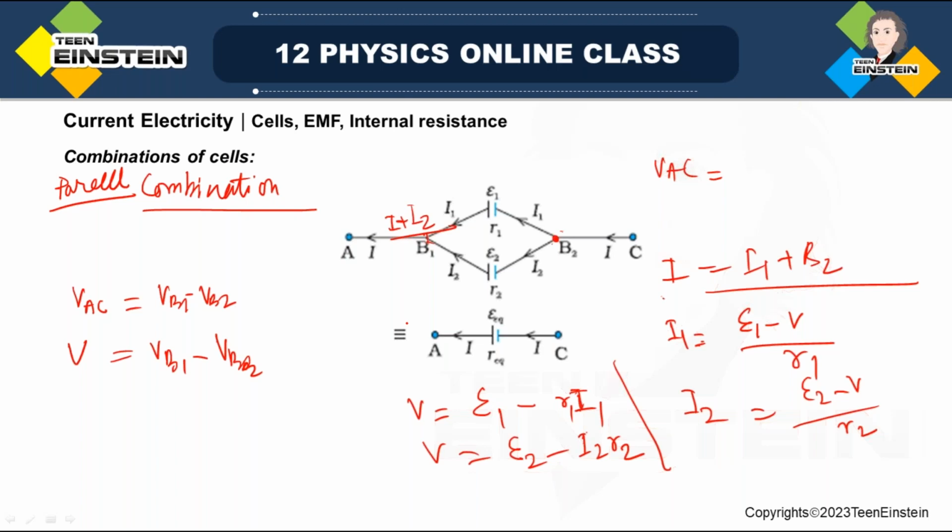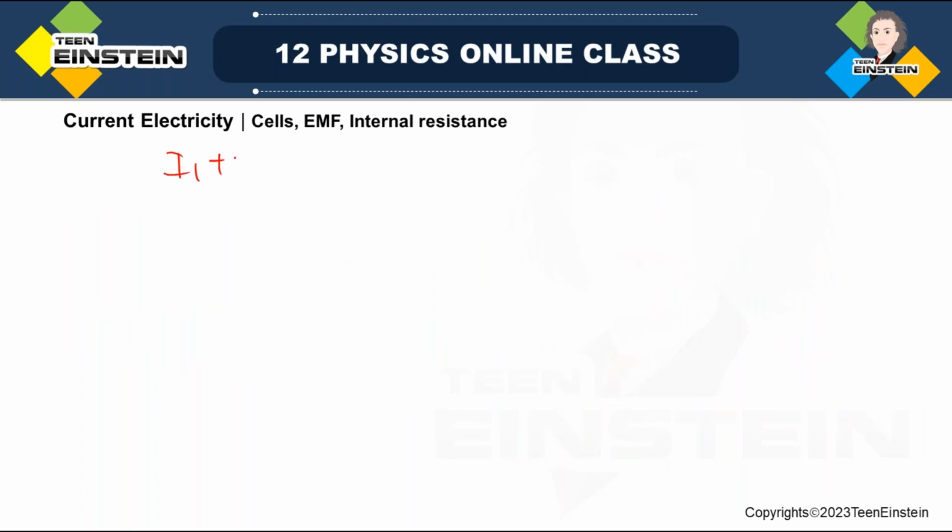If we add them together, I1 plus I2 is equal to I. So what is I1 and what is I2? That we have to put here, and then we have to get a relationship between the EMF and the battery, etc.